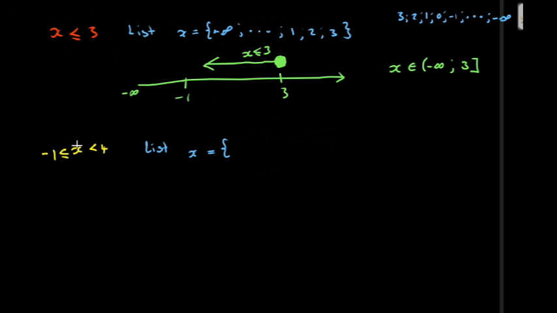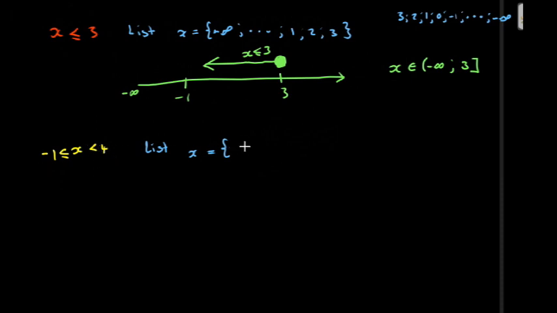When we are reading this, we are saying x is greater than or equal to negative 1, but less than 4. You already know which numbers are greater than negative 1. Those numbers that are greater than or equal to negative 1, but they should be less than 4. So this is how we read it. x is greater than or equal to negative 1, but less than 4.